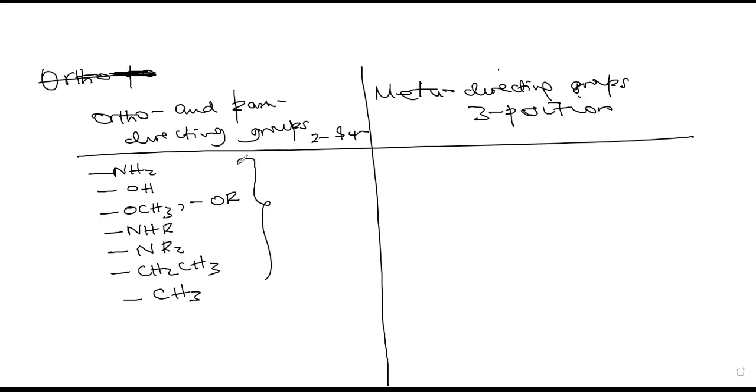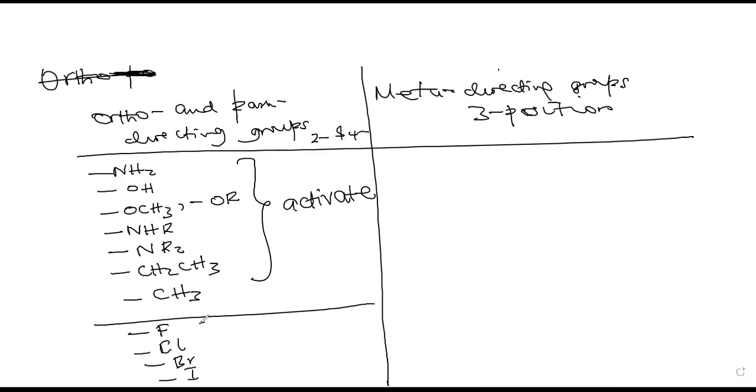These ones are activating; they activate the benzene ring by donating electrons toward it. But the halogens, the fluorine, chlorine, bromine and iodine atoms, much as these are deactivating, as I told you before, they also form a 2 and 4 substituted isomer of benzene.